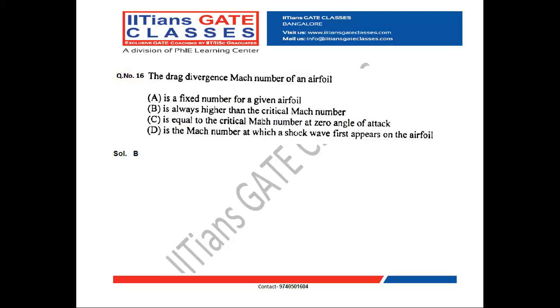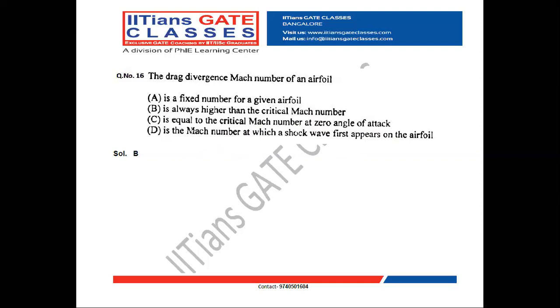So as Mach number increases, that is speed increases, the shock wave continues to grow in strength, thereby it spoils the flow on the upper surface of the airfoil, thereby drag increases drastically at a certain Mach number. The Mach number at which the drag increases drastically is known as drag divergence Mach number.